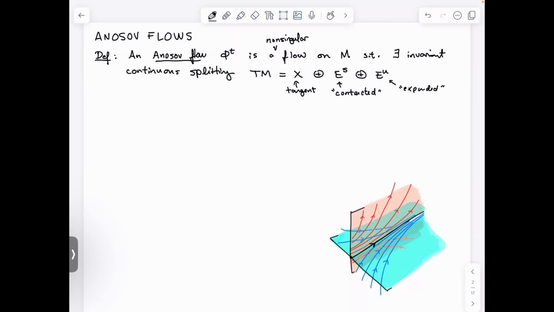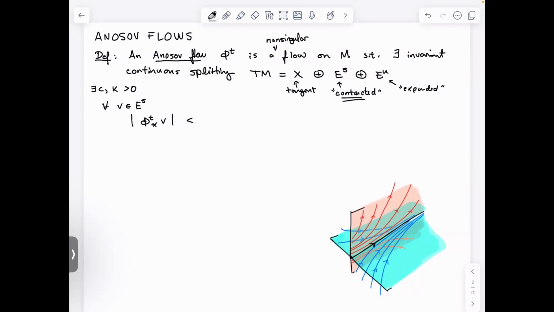Okay. And what do I mean more precisely by contracted? So contracted means, let's unpack this. For all vectors in this contracted direction, I need some constants. So there exists some positive constants so that for any vector in the contracted direction, if I apply my flow, so I push forward this vector, its norm is going to change.